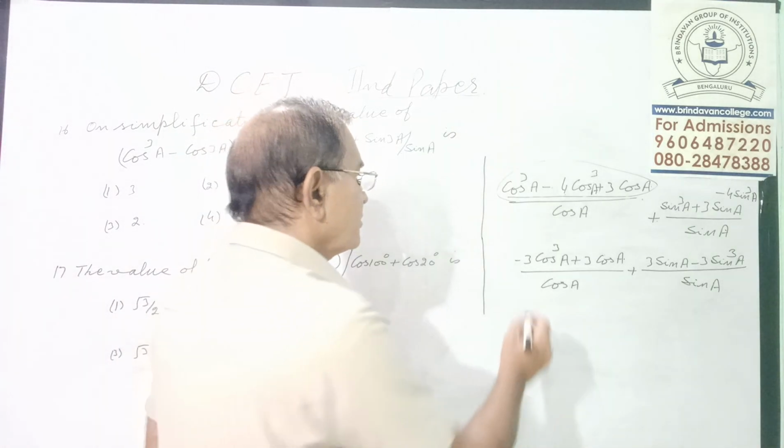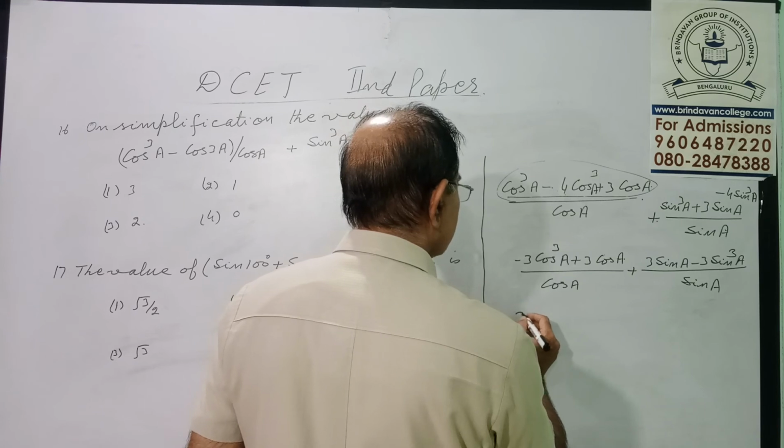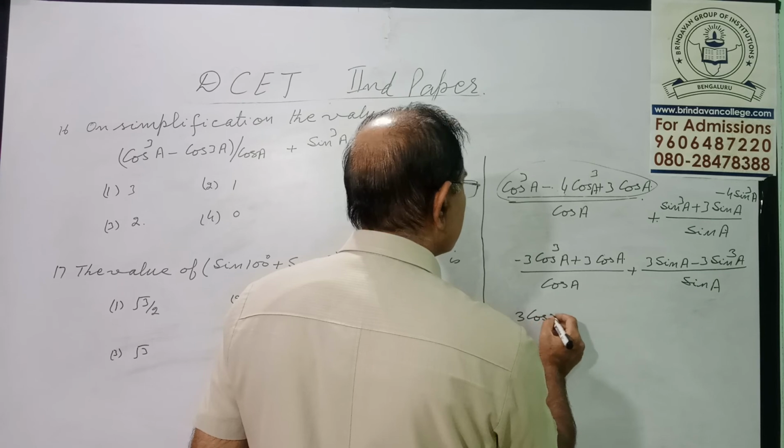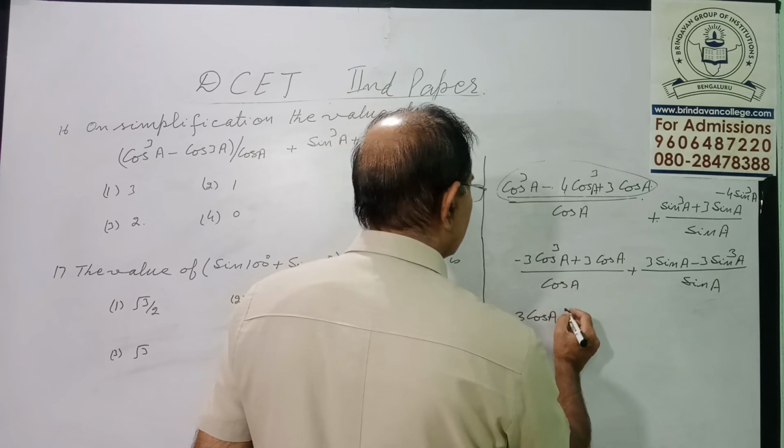Then from here we can take 3 cos A common.